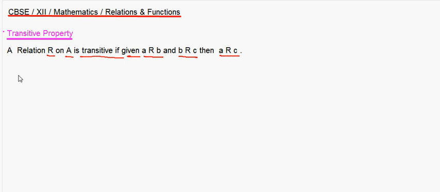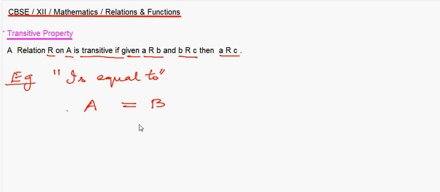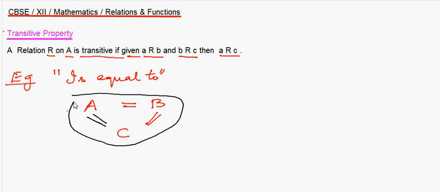Say, for example, if I say a relation is equal to, if I say A is equal to B and B is equal to C, then A is equal to C. So such a relation is called transitive relation.